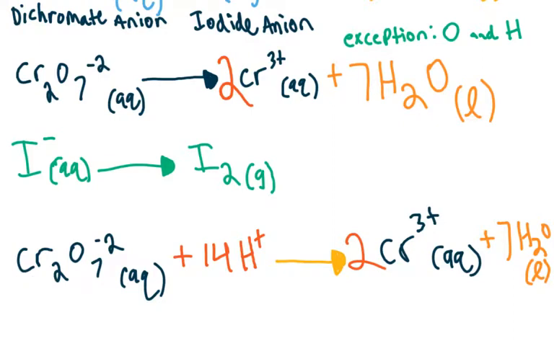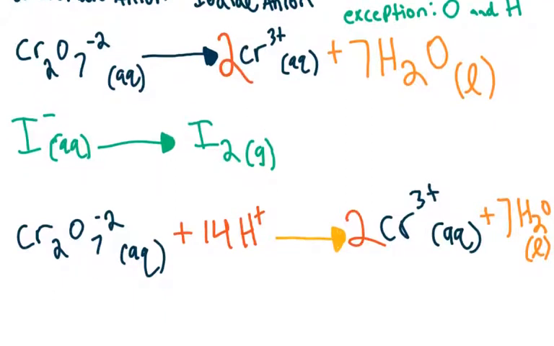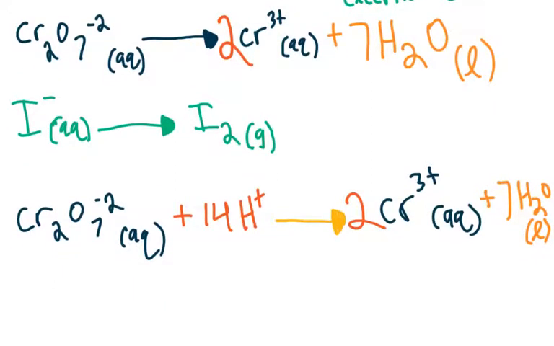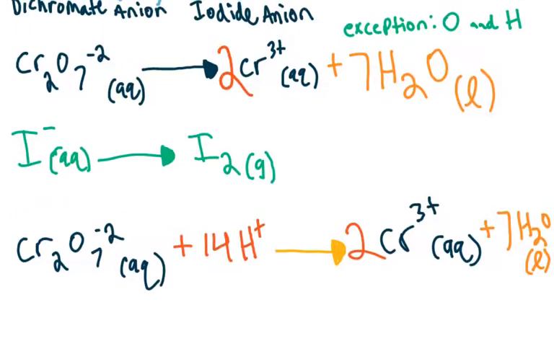Perfect. Now let's work on balancing this half reaction, iodide anion to iodine gas. Same thing here. First step, we already got it into a half reaction. Now we have to balance the atoms, and remember this key phrase: exception O and H. We don't have any oxygen or hydrogen here, so we don't have to worry about that.